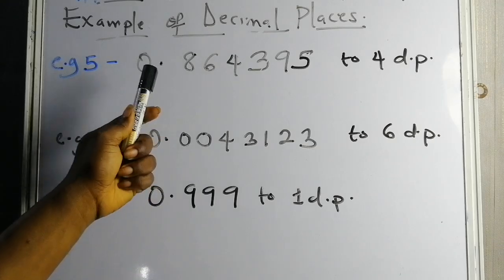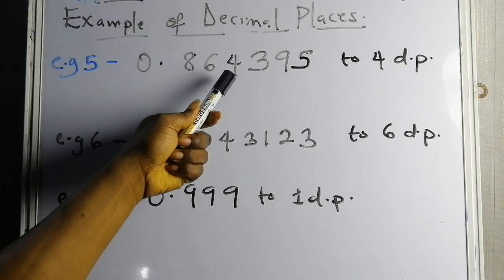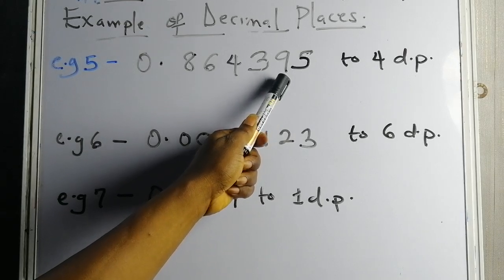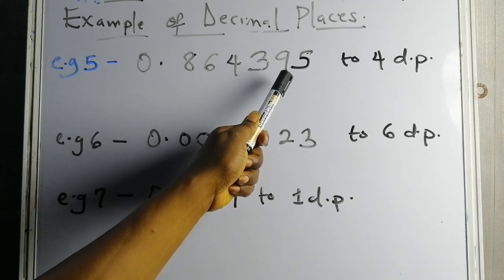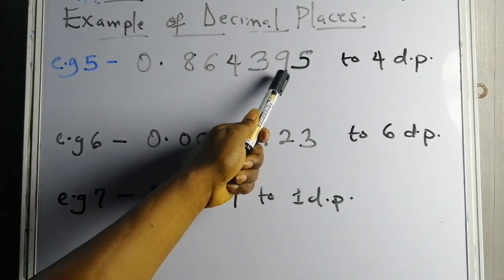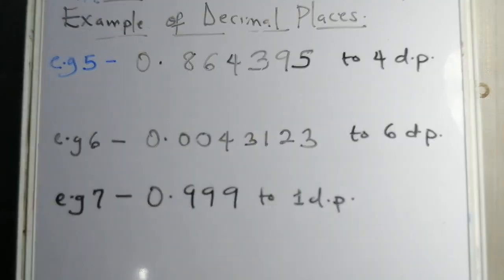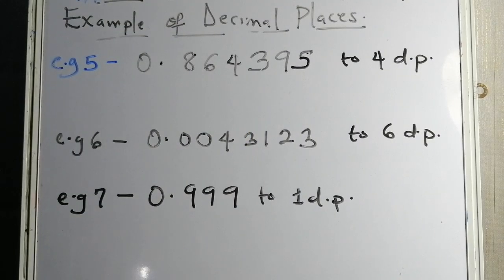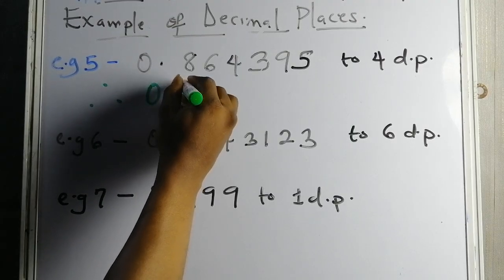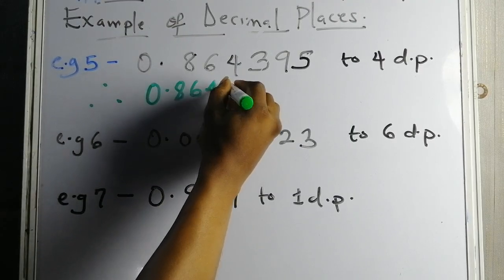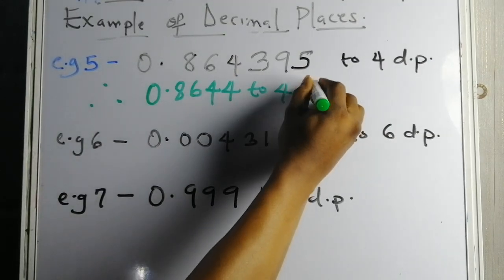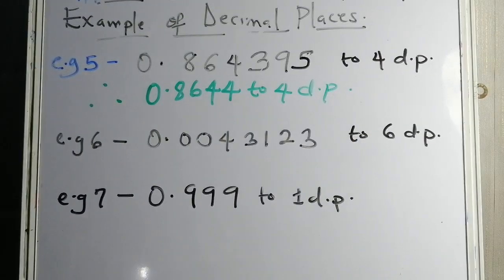Okay, so that is 0.8644. Because the next figure that follows 3 is 9, and it is equal to or more than 5, you approximate 1 to the next figure. Therefore, 0.8644, that's to 4 decimal places.